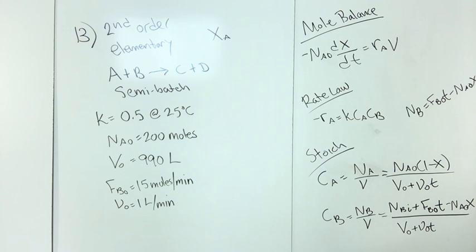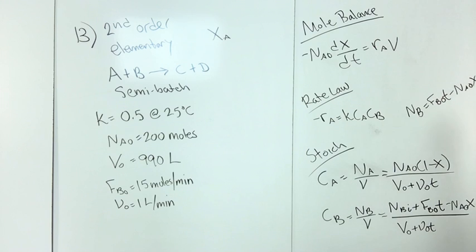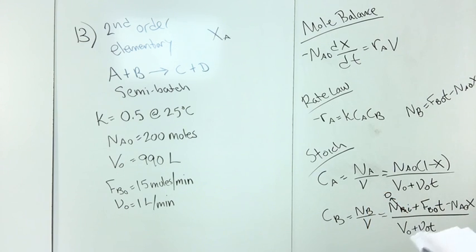We know that whatever A reacts, the same amount of B reacts, but if this was A plus 2B, then this would be minus 2 NA naught X, because for every A that reacts, you're reacting 2B. So just be careful about that too. So then this is 0. And then you can just combine all of this.